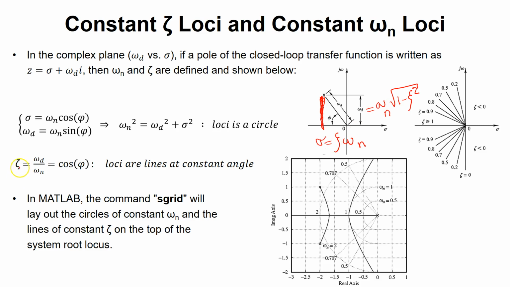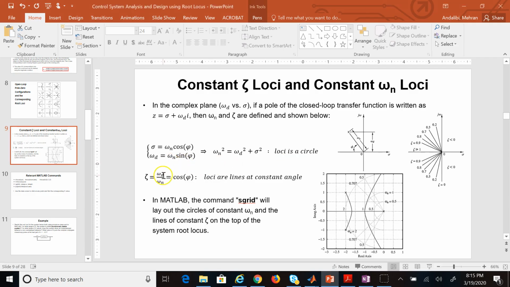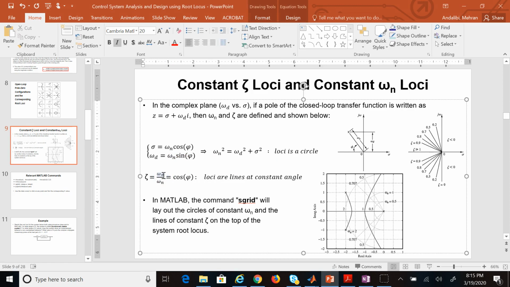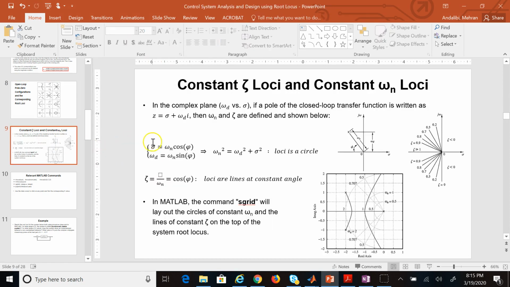Zeta is what? Zeta, clearly from this definition, if you look, I guess here there is a typo that I need to fix. So zeta is sigma divided by omega n, right?